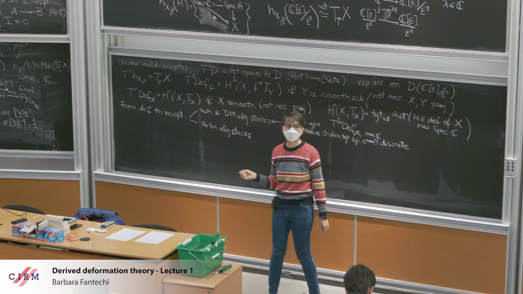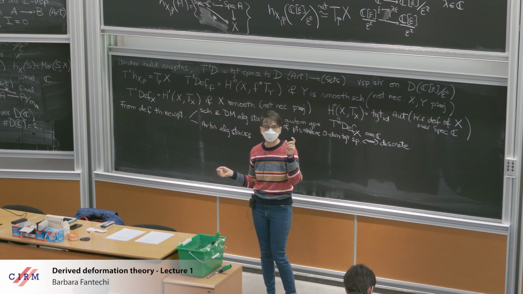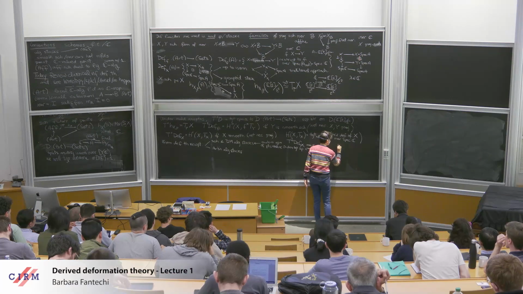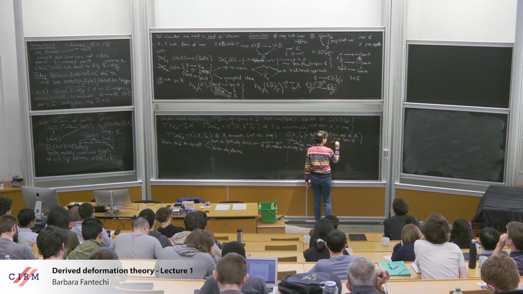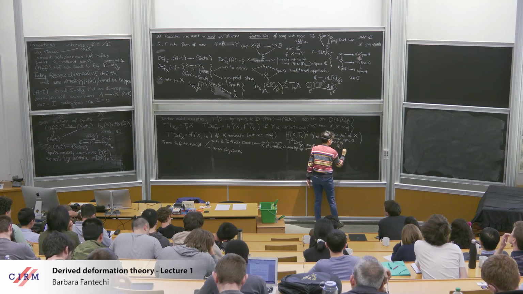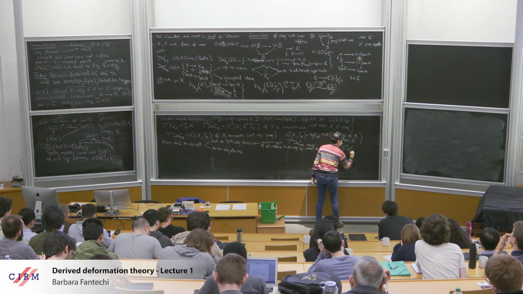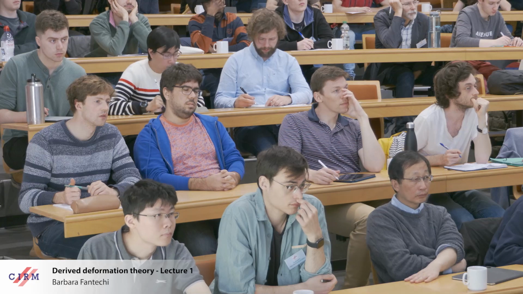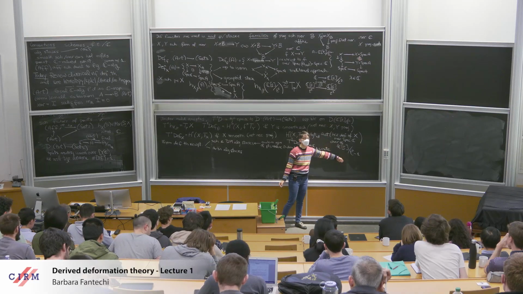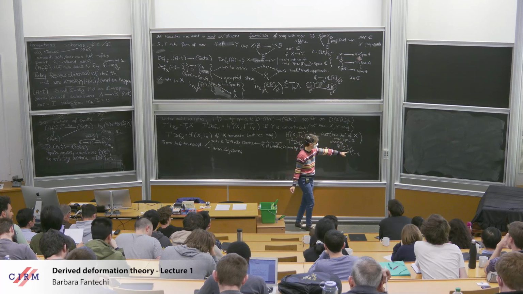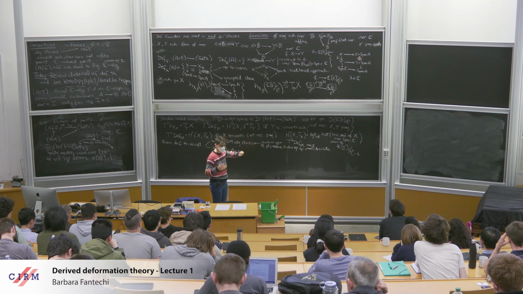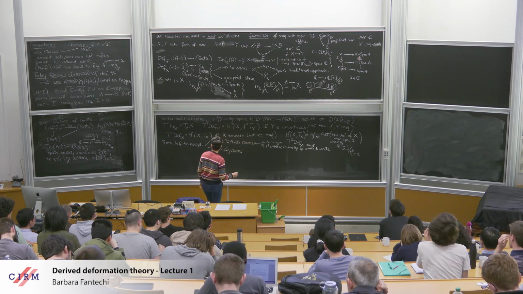Notice that in general this is not true. So discrete, or often finite if they are quasi-projective. But this is in general not true if K has characteristic p. For K of T, the group of pth roots of 1 is quite discrete. It's one point as a set, but it has a non-trivial tangent space because this is T minus 1 to the p. So notice that I'm sticking to my complex numbers, yeah?